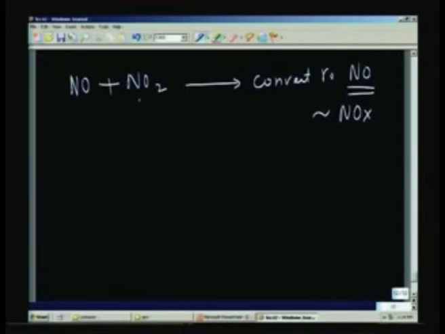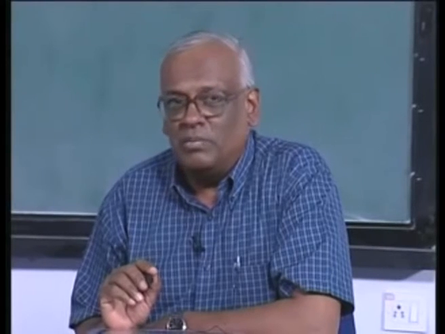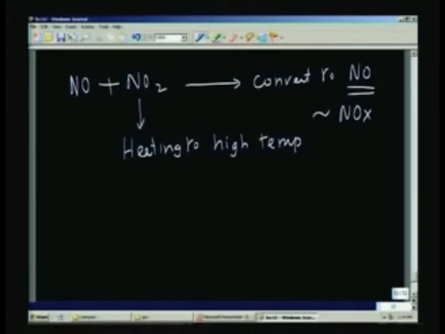How is it done? It is done very simply by heating to high temperature. If I heat to high temperature, nitrogen dioxide is converted to nitric oxide. Even if I cool it subsequently, it does not become NO2 again, because it takes a long time for that to happen.